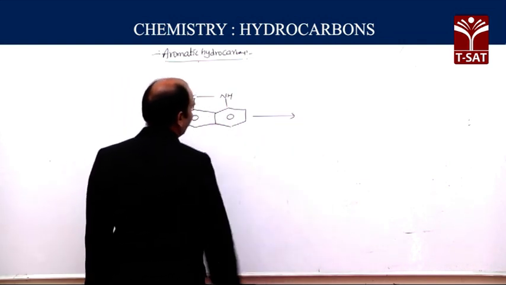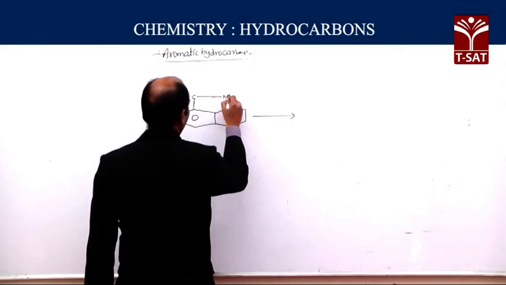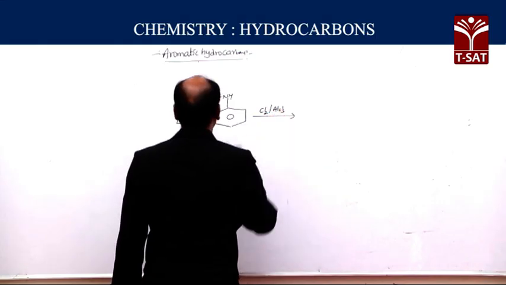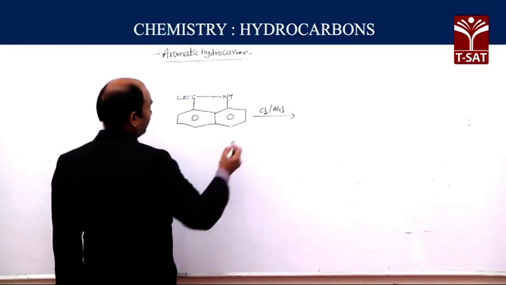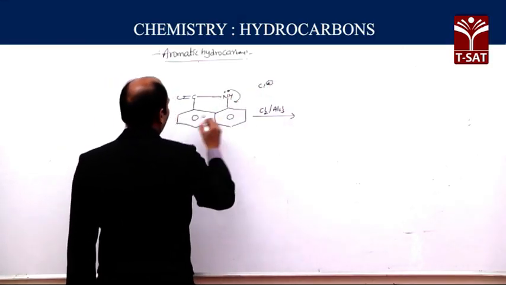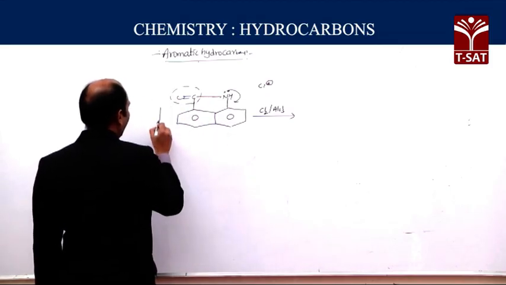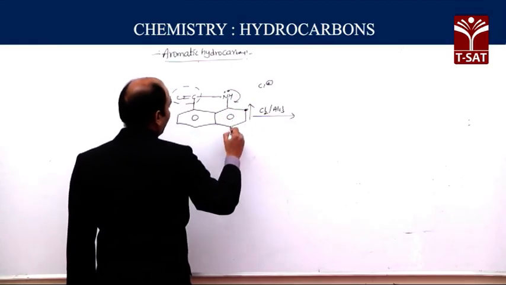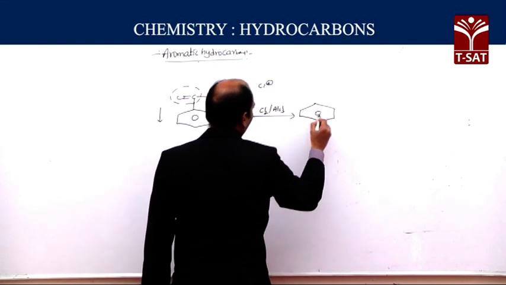It is treated with Cl2 and AlCl3. What happens? On which ring does it attack? Here the electrophile is Cl+. This is an activating group and this is a deactivating group, and it is an ortho and para director. Therefore, the electrophile attacks at the para position only.